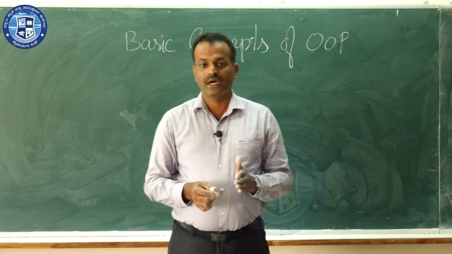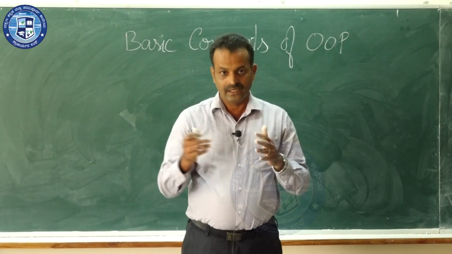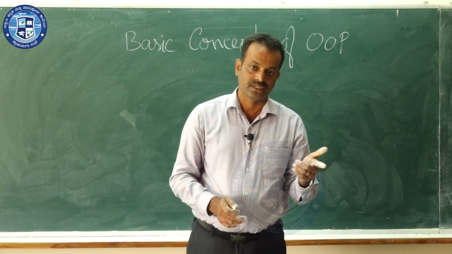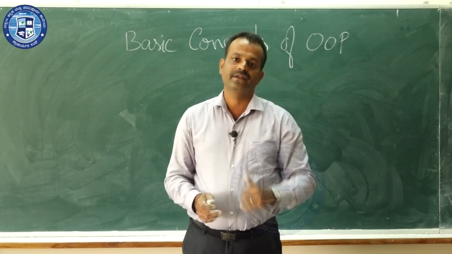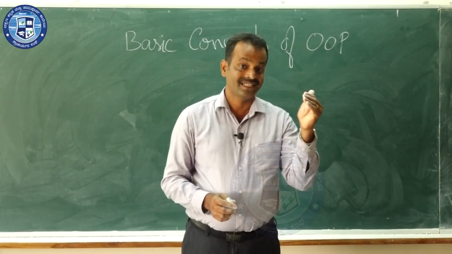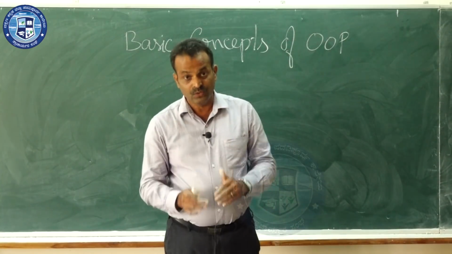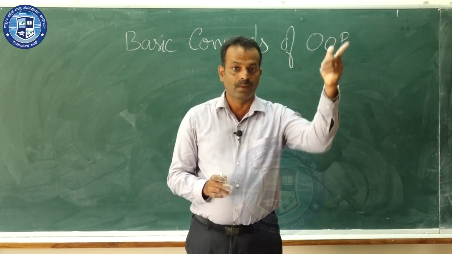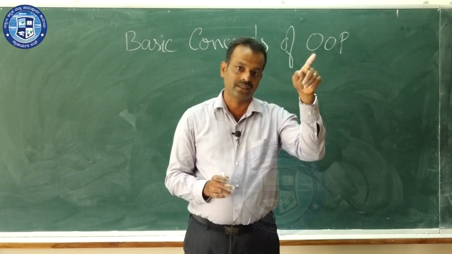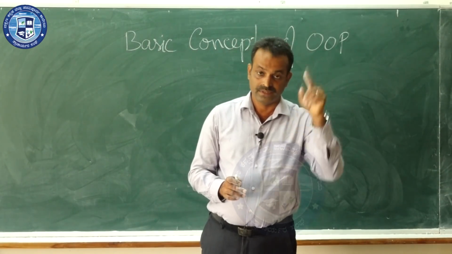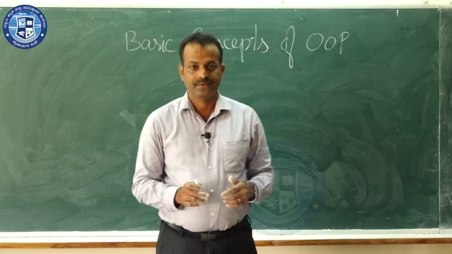In inheritance, if you have to create a new class with the existing features, you can just inherit some of the properties from the existing class. Then the new class will have the properties and the code written for the existing class.